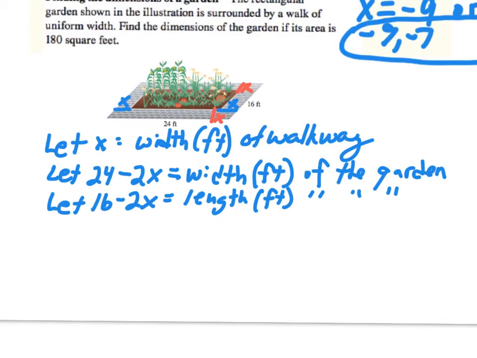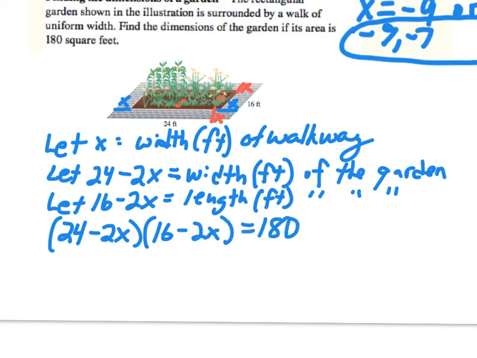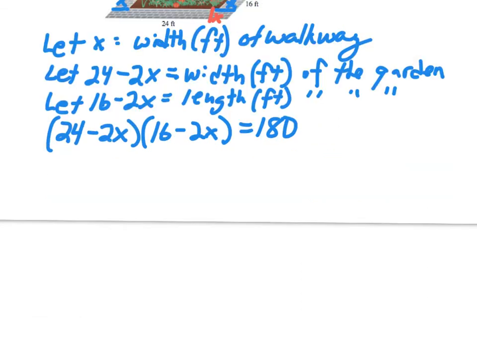And so that's going to mean my product is base times height, or length times width of the rectangle. So 24 minus 2x times 16 minus 2x, that equals 180. And so next we're going to FOIL these two binomials. So we'll go 24 times 16, and that is 384.